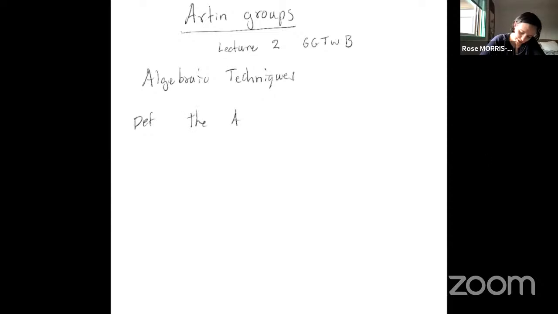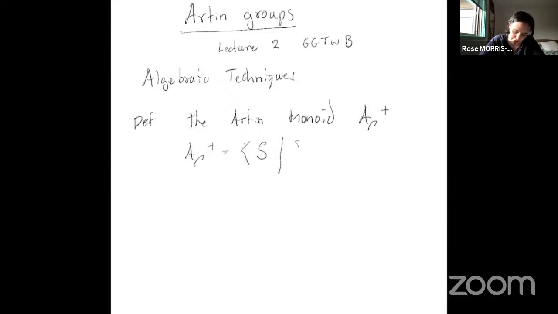So the Artin monoid, as I was saying, is basically the same as the Artin group, except it's a monoid instead of a group. So here I have A gamma plus, and I'm going to have the same presentation. The set of generators are the vertices in my graph gamma, and then the edges in the graph determine the relations.